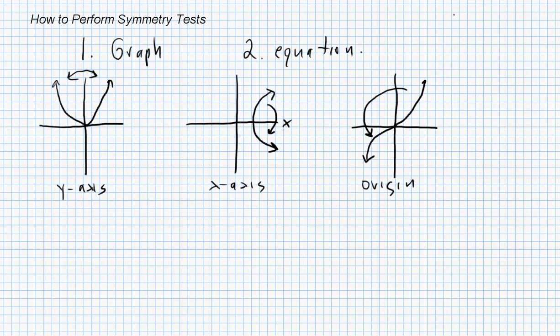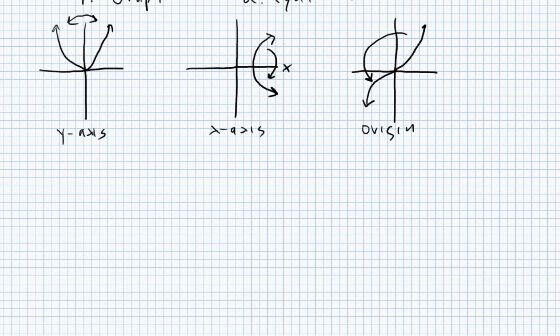Now, if you've got a graph of the equation, then it's fairly simple. You simply look at it and see if it has one of those kinds of symmetry lines, and then you label it as having the symmetry or not. Now, of course, there are lots of kinds of graphs. This one, for instance, a straight line, doesn't have any kind of symmetry at all.